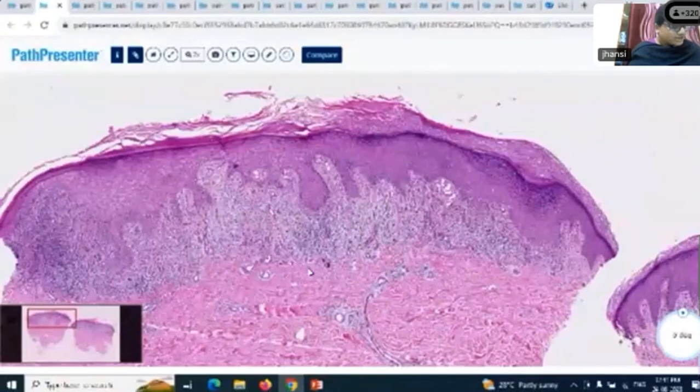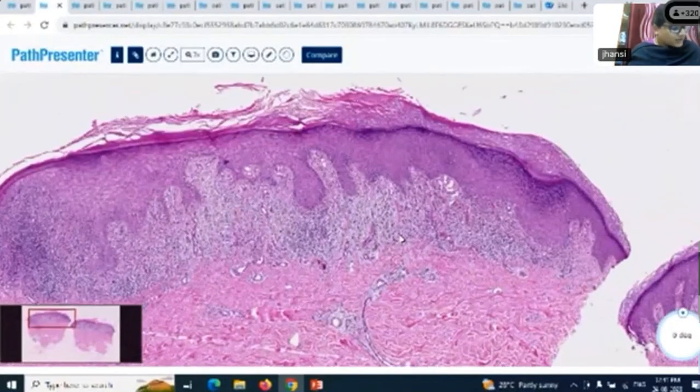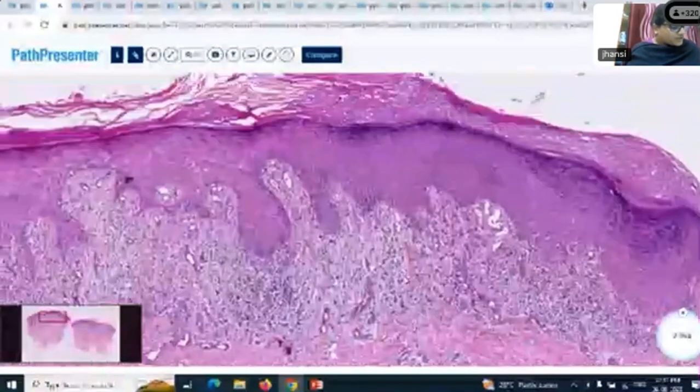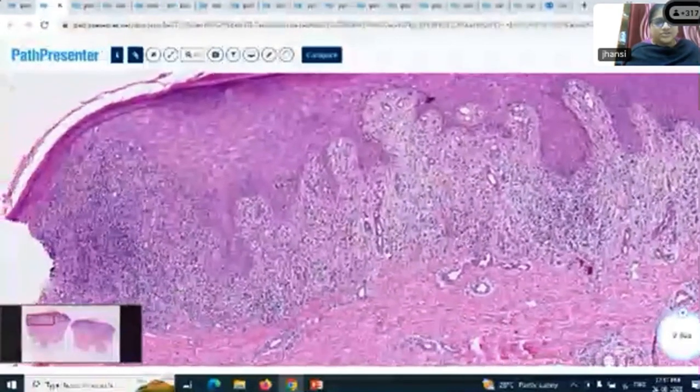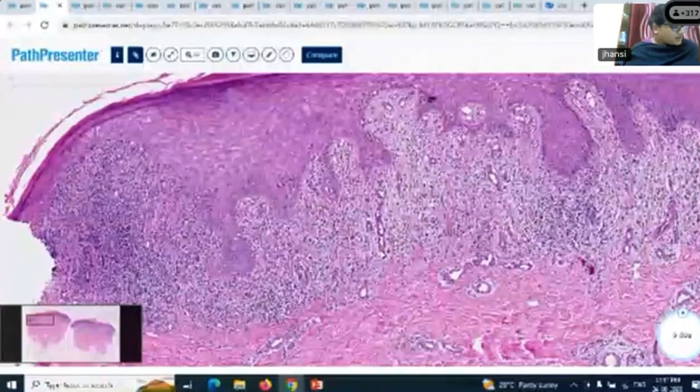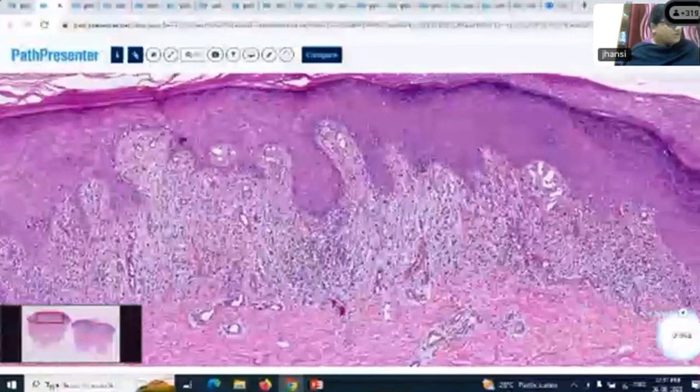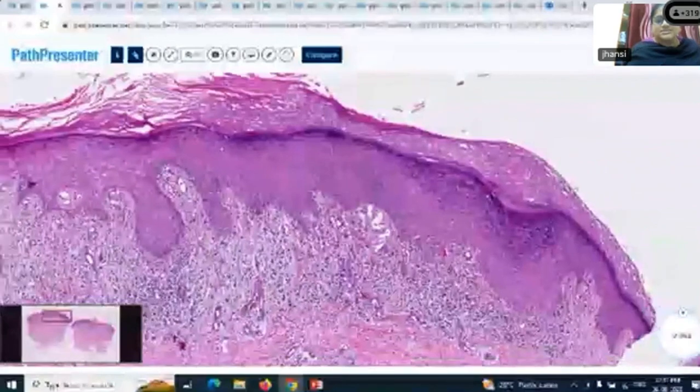Basal vacuolar degeneration and necrotic keratinocytes. And superficial dermis shows dense band-like infiltrate, predominantly comprising lymphocytes, ma'am. Reticular dermis shows fibrocollagenous tissue and the skin adnexa.